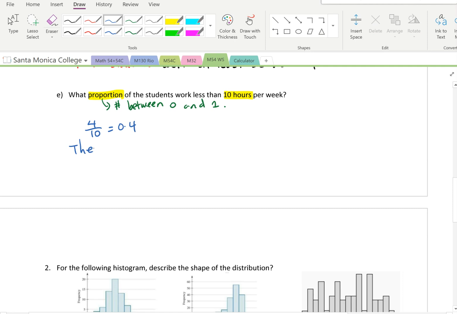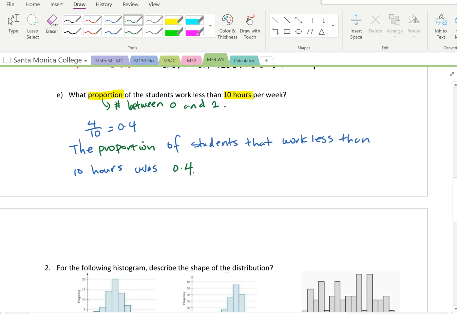Notice that I use the keyword, the proportion of students that work less than 10 hours was 0.4. Let me use the green here, corresponding to the proportion.